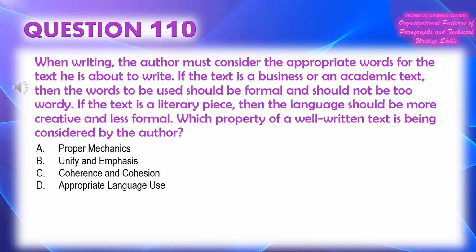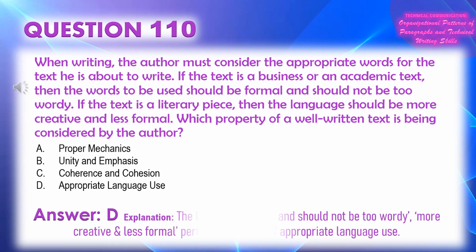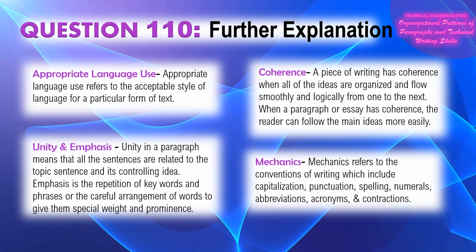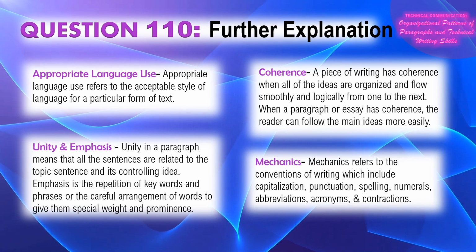Answer: D. Appropriate language use. The keywords formal and should not be too wordy, more creative and less formal pertain to the idea of appropriate language use. These are the descriptions of other choices for your further readings.